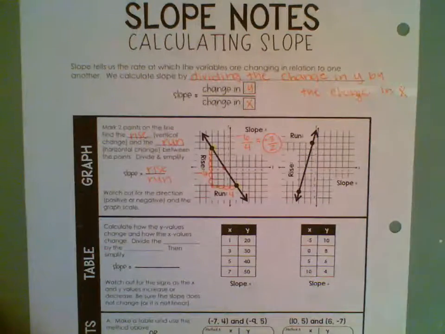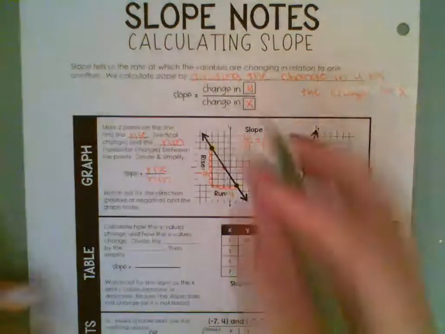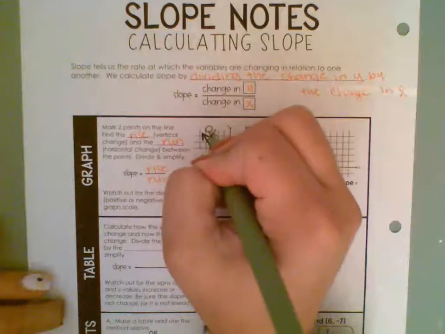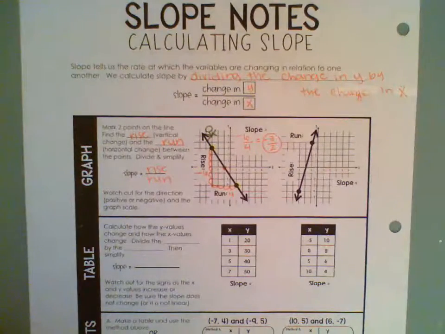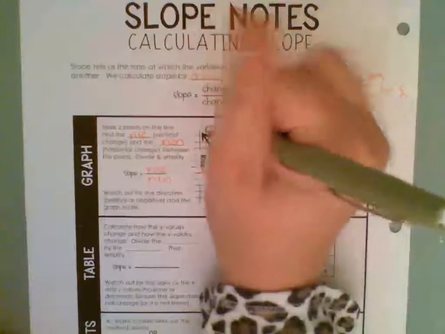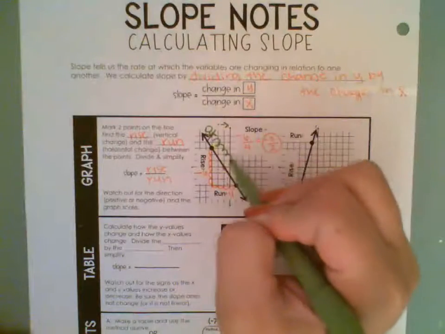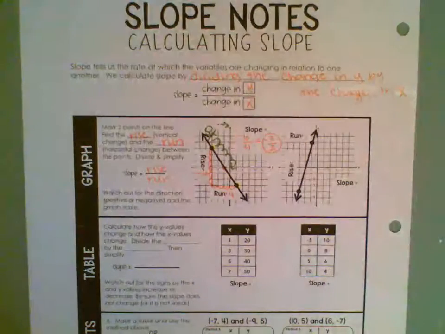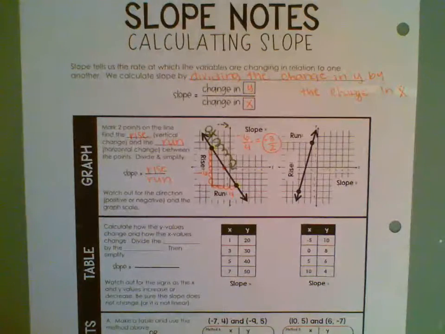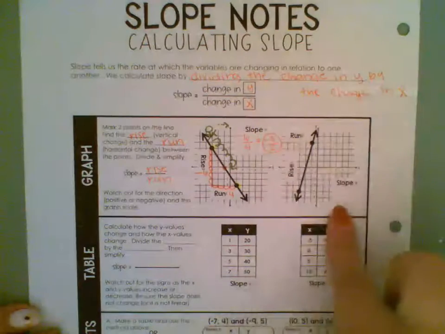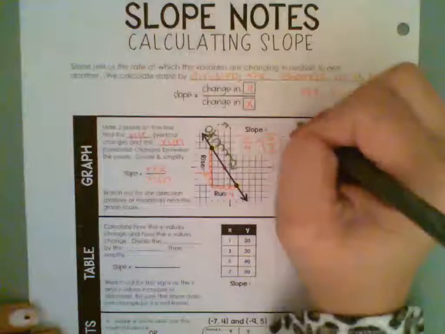If you were a person walking on this line, you always have to walk to the right when you're reading graphs, so this person would tumble down the hill. So it's negative. Okay, go ahead and pause the video and see if you can do this example on the right. It's going to be a you try problem.